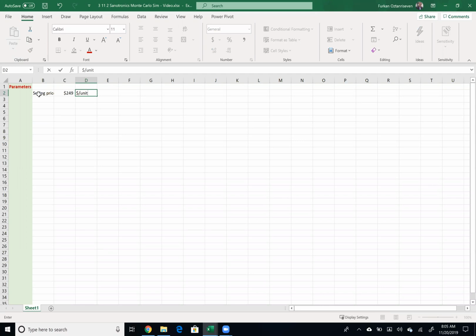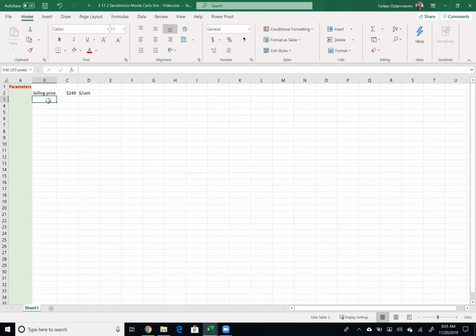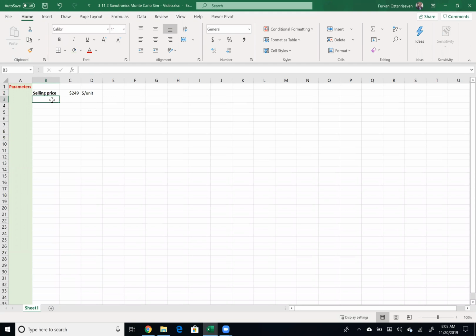Okay, and we have a fixed cost to be able to launch this new line item. Let's say the fixed cost is $1 million for administration and marketing cost.